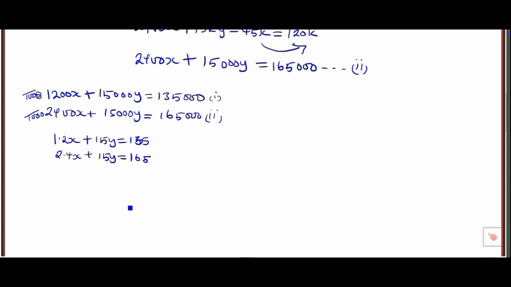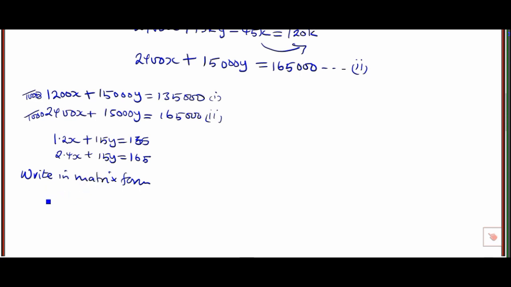Now from here I can proceed and use matrices, because the question was asking us to use matrices to solve these two equations. To solve using matrices, the first thing is you write these two equations in matrix form.